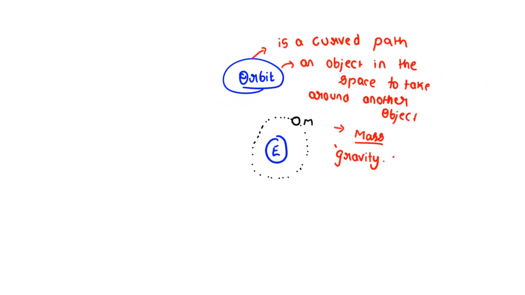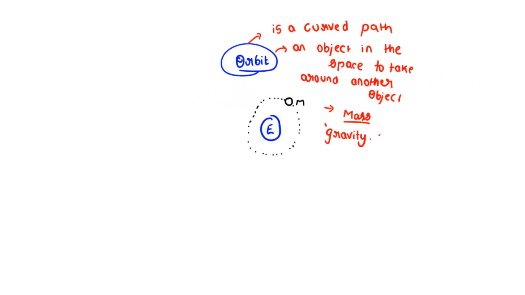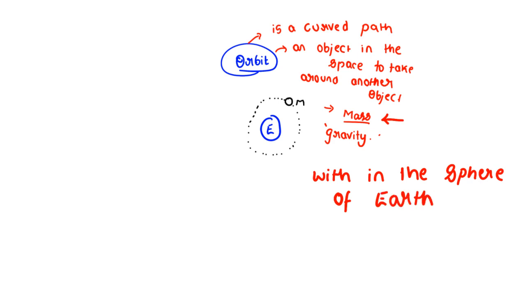Take our example. Earth is a huge mass body. So any object within the sphere of earth, the earth is going to attract that object, and that attraction force is called the gravitational force.